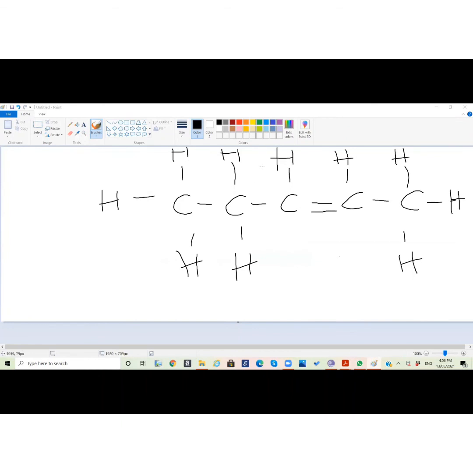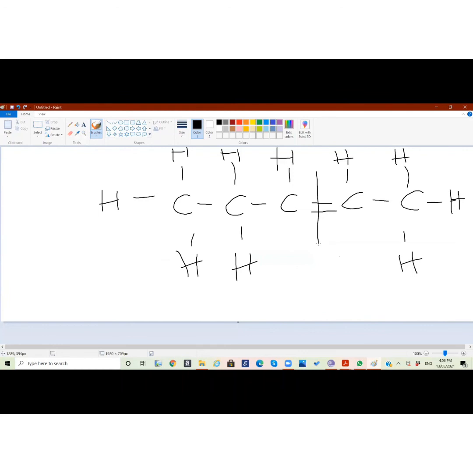So let me show you here. This is the double bond that is going to be broken. Once that is broken, this will just turn into one bond.